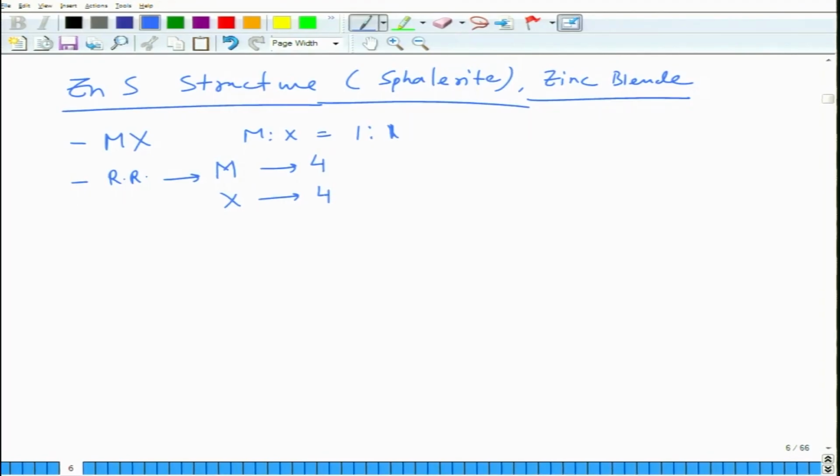So, again in this case sulfur atoms make an FCC lattice, and M occupies the tetrahedral voids. So, let us see.